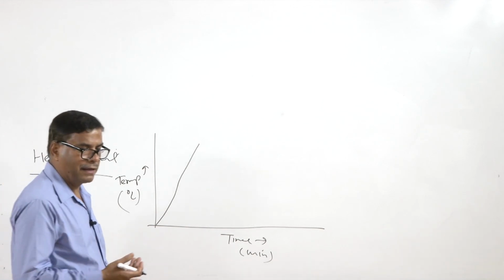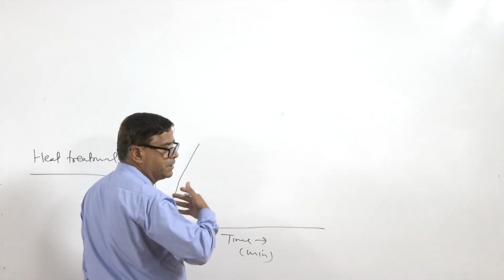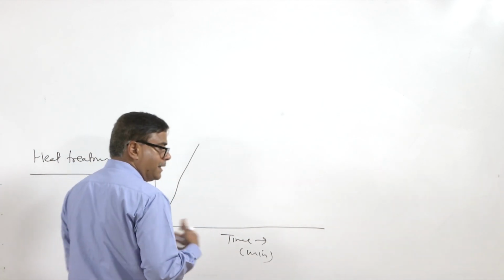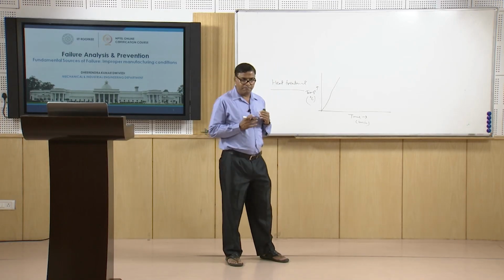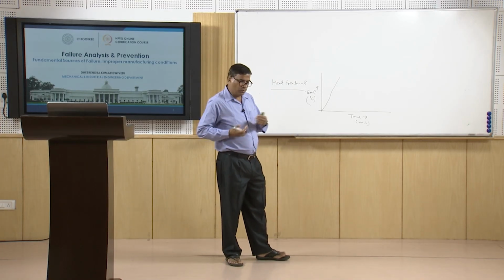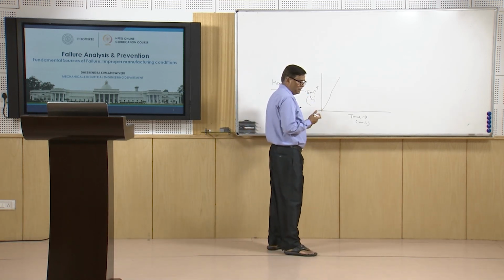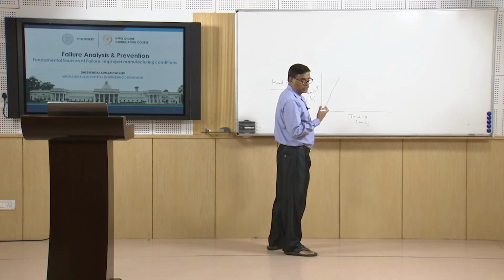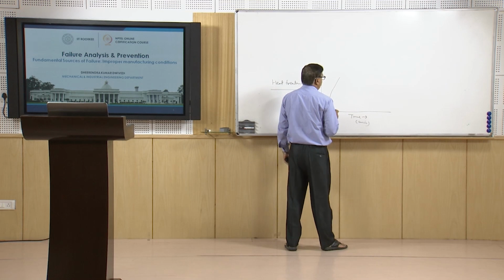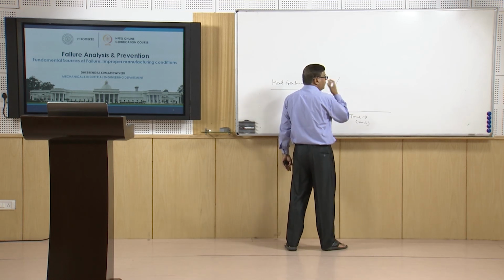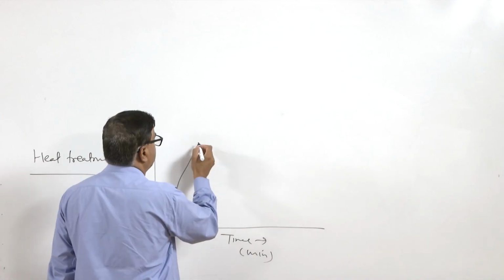Otherwise, it may cause buckling or distortion in the component, because the surface will be heated at a much faster rate than the core, leading to too high a difference in temperature between the core and the surface. So, due to differential expansion, there may be warping or distortion in the shape of the component. So, the rate of heating is to be optimum, not very high, because a high heating rate is harmful.